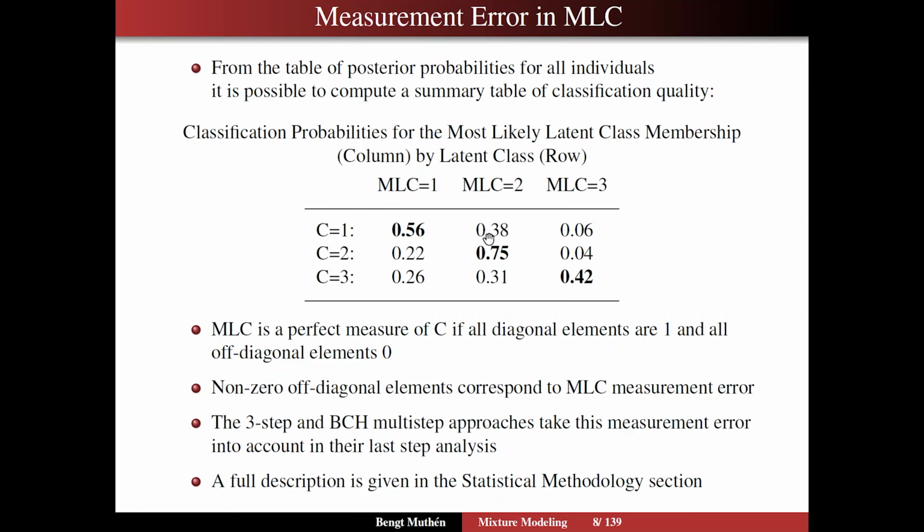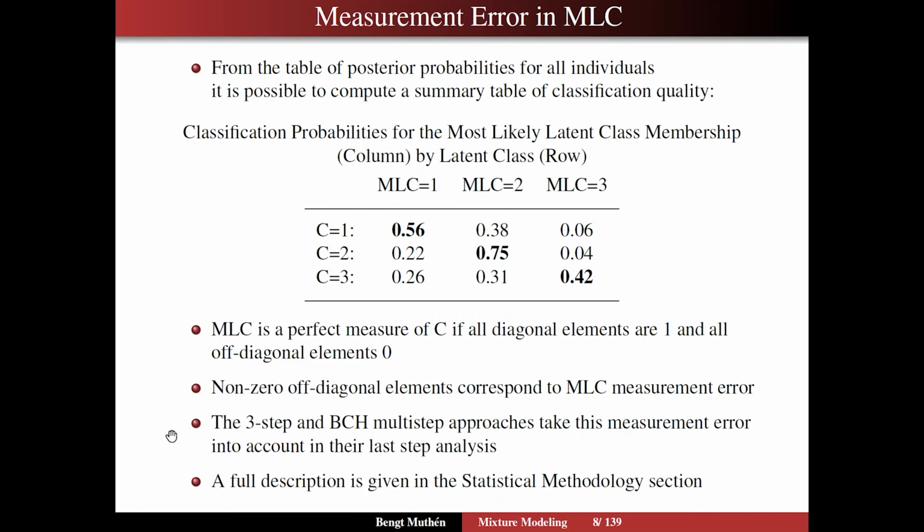We have measurement error in the sense that you could be misclassified as a category 2 person with 0.38 probability, and as a category 3 person with probability 0.06. So just repeating, MLC is a perfect measure of C if all diagonal elements are 1 and all off-diagonal elements are 0, and non-zero off-diagonal elements correspond to MLC measurement error.